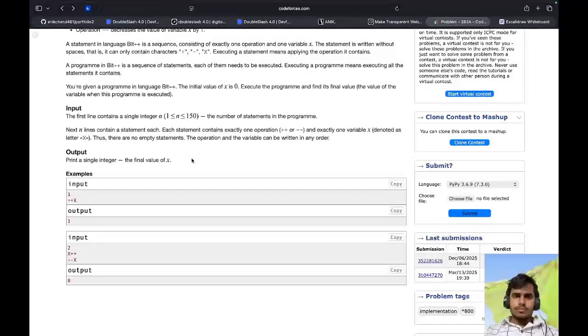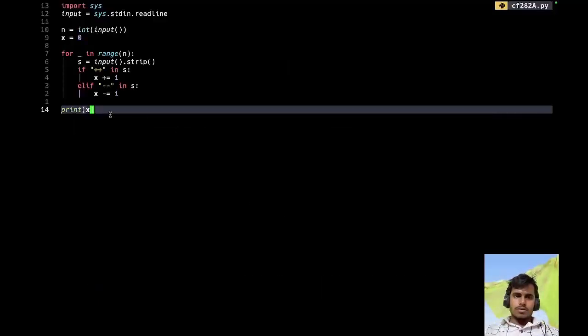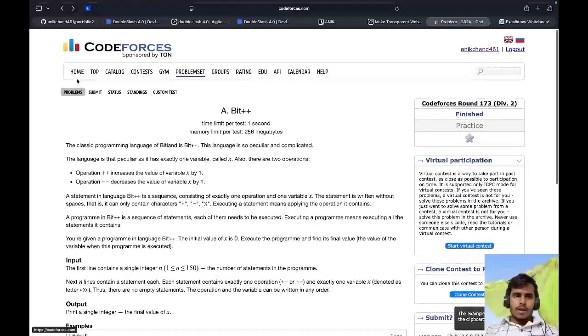So try this with this input, 0. I think this is the correct answer. Control C and submit.